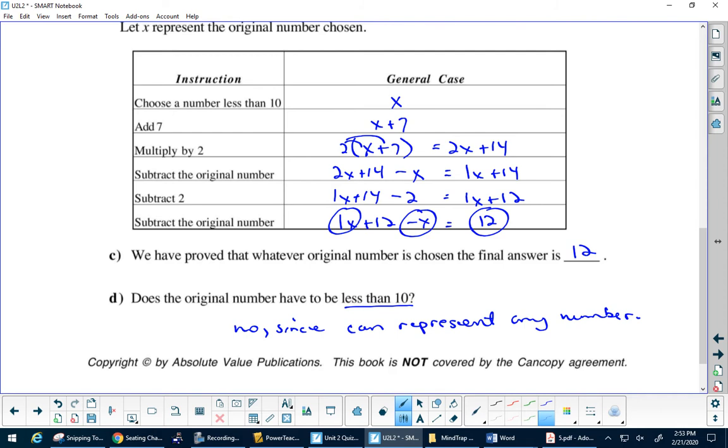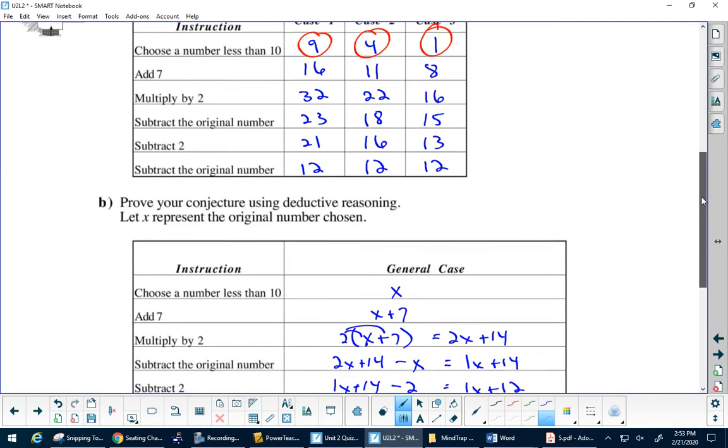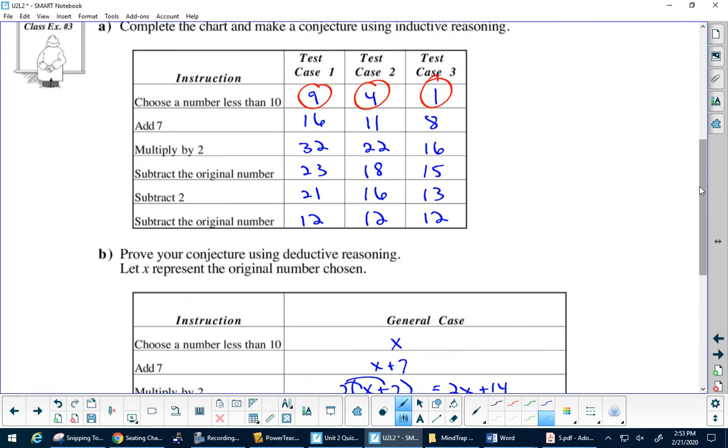Okay. So let's come up here and do it in a deductive case, and let's use -1. So -1, if you add 7, what would you get? 6. Multiply by 2, 12. Subtract the original number, so you have to go 12 minus negative 1.